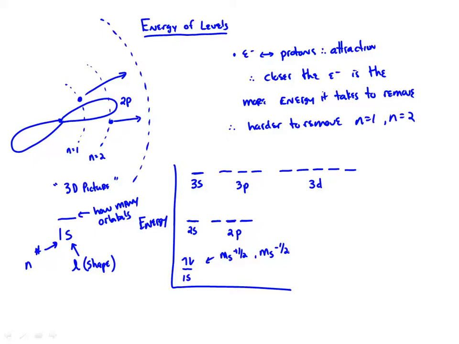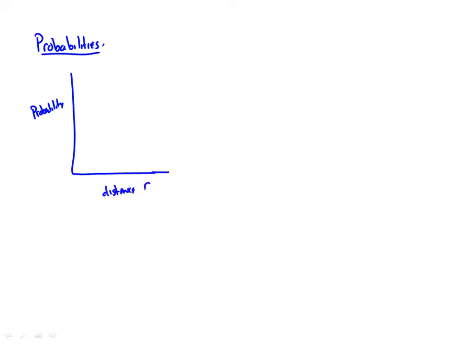Now, the other idea I want you to keep in the back of your head is that these are all probabilities, right? Meaning the electron can really be in a wide range of spaces. So if I look at the probability versus the distance from the nucleus, one of the things that's weird about quantum mechanics is you can have things like this, where here's my 1s orbital.